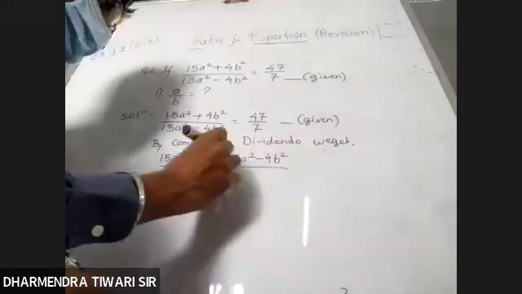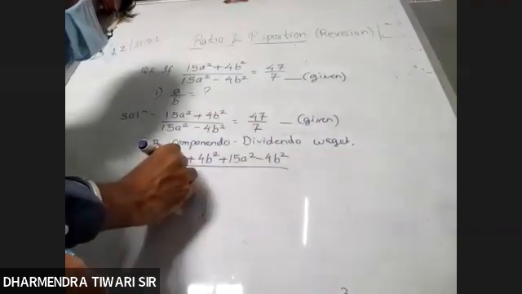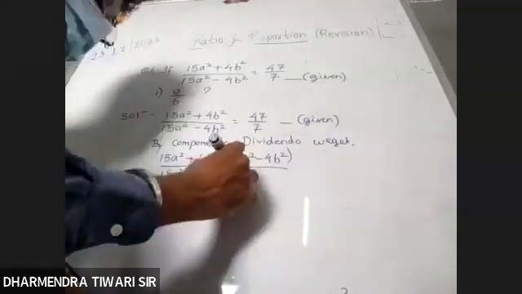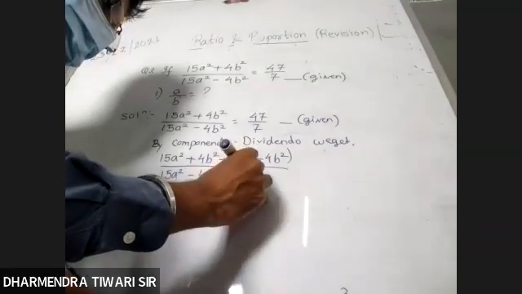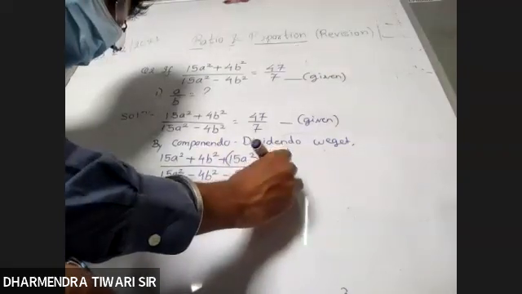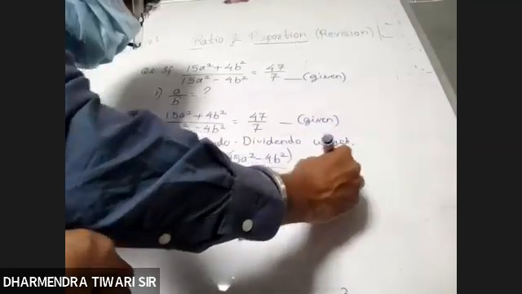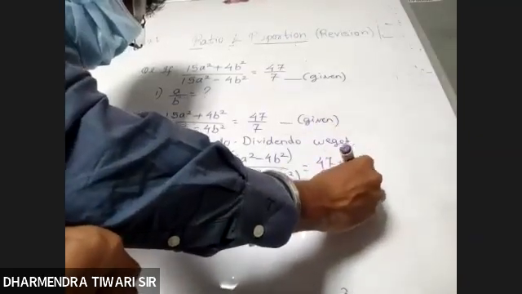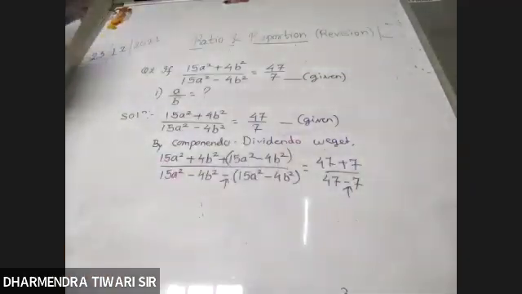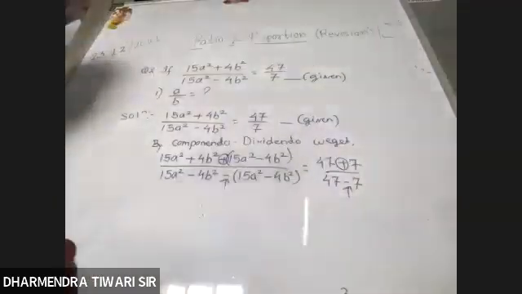What I've done, I've just added the denominator to the numerator again. 15a square minus 4b square minus 15a square minus 4b square is equal to 47 plus 7 upon 47 minus 7. This operation is dividendo, as we are applying componendo and dividendo. So componendo in the numerator and dividendo in the denominator.